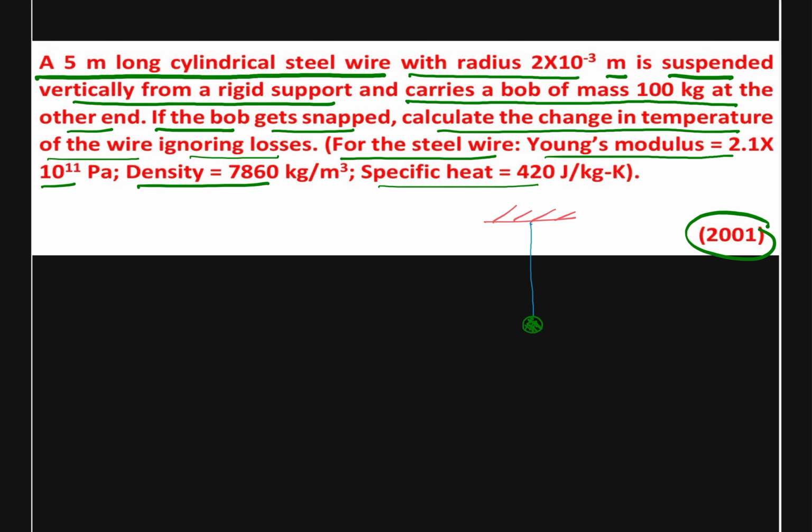And let us suppose L is the length of the wire, and the wire is a little bit thick, having some radius, R is the radius of the wire, and rho is the density of the wire. Okay. So let us write it as it is.